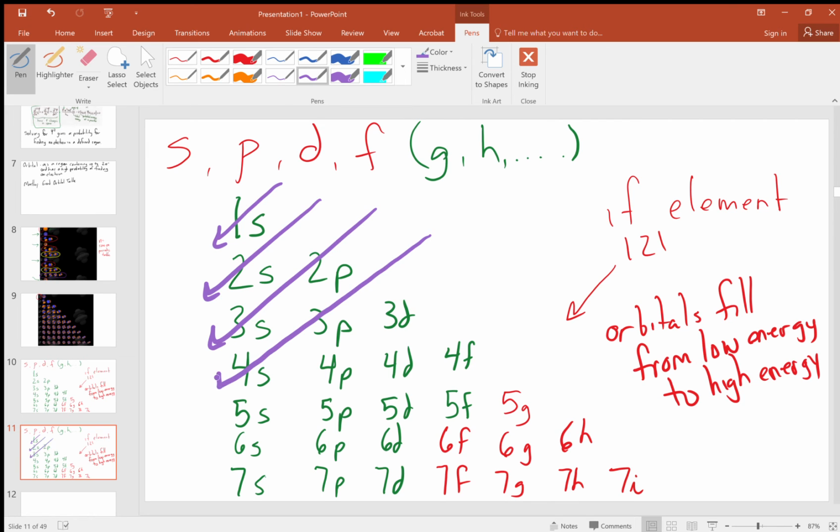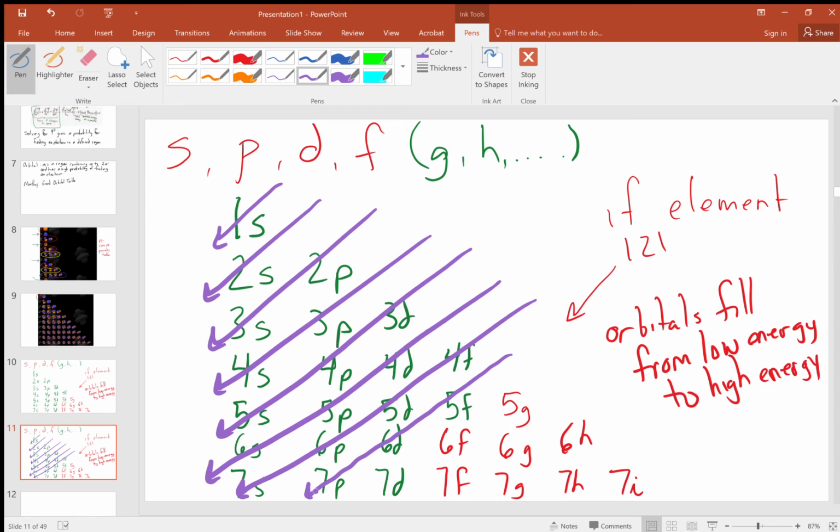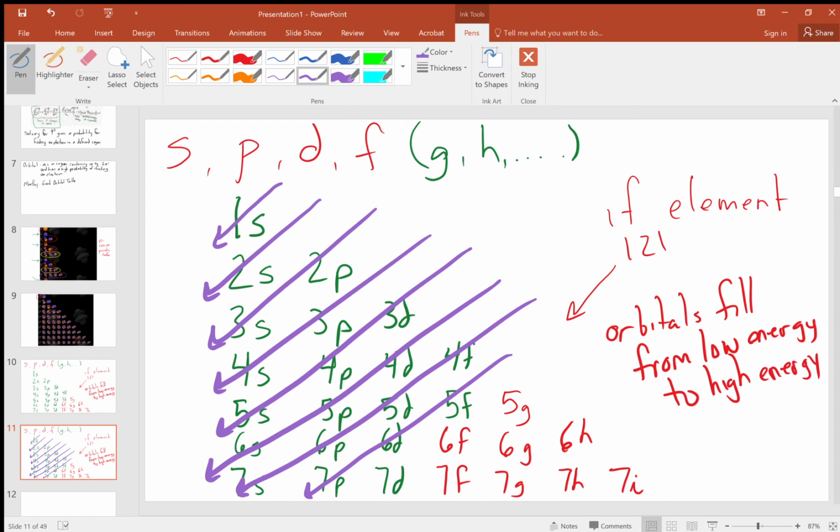But this is going to give us the order in which the orbitals fill in. And we stop here at 7p because our last element that we have, oganesson, that's where it ends, 7p. So on the next page, we're going to go and actually list the orbitals out in order.